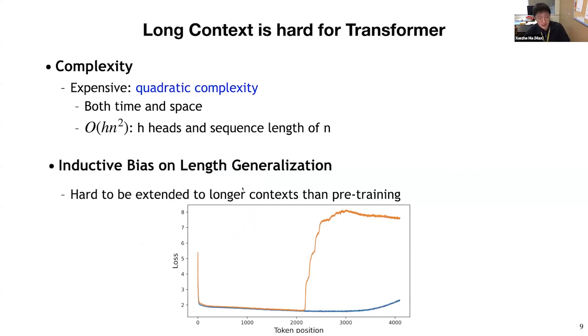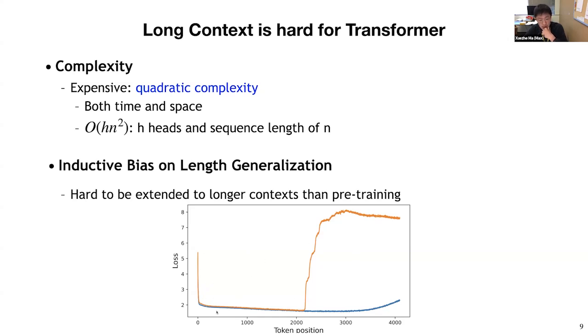The second reason why long context is hard for the transformer is that it is hard to do length extension or generalization. Here is the comparison between the transformer and the Mamba model in length extension experiments.